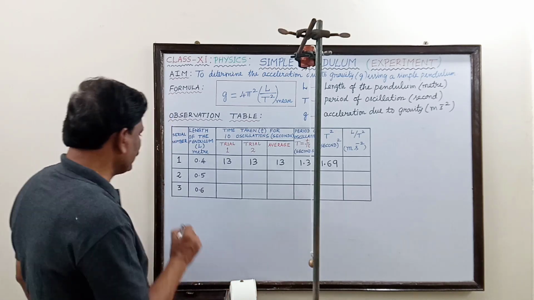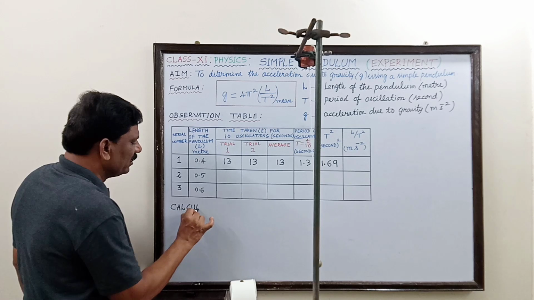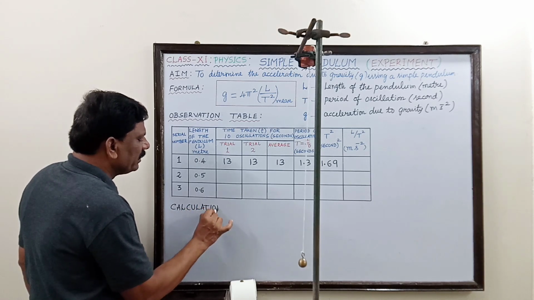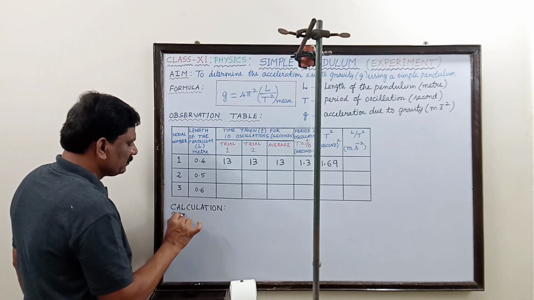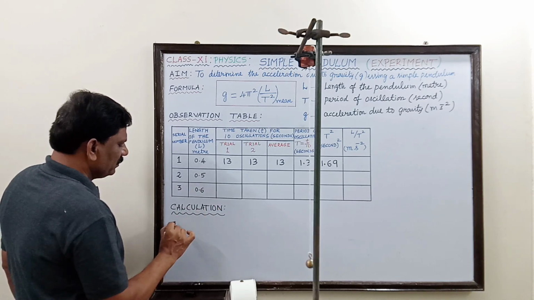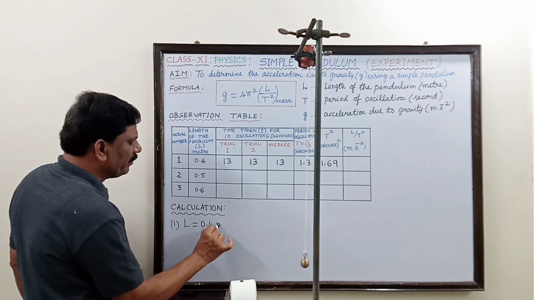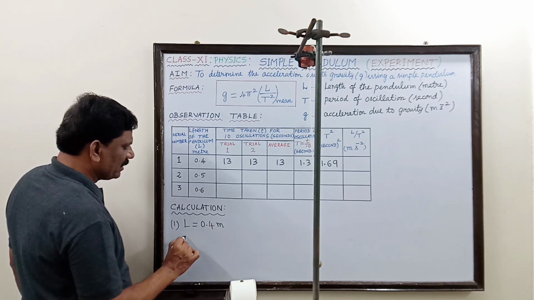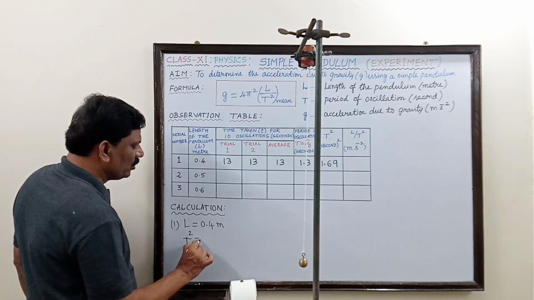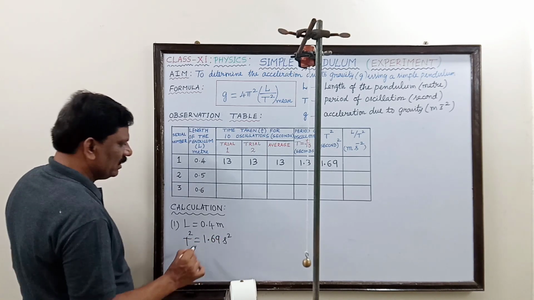Now I will do a rough calculation for the first length. So how to do the calculation? L is equal to 0.4 meter and the corresponding T square is equal to 1.69 second square.